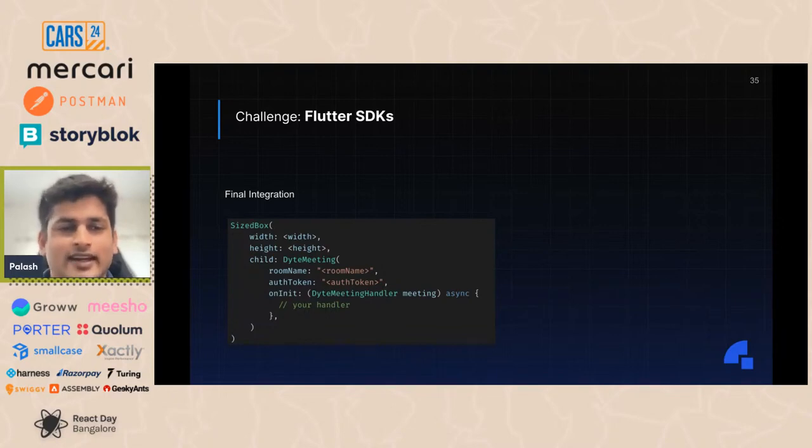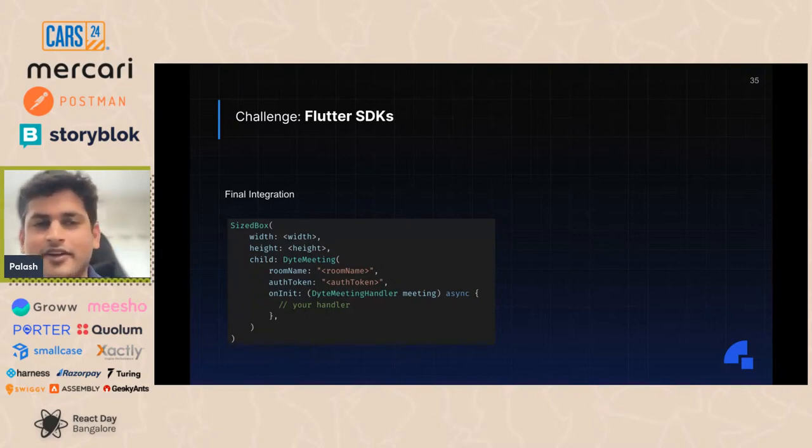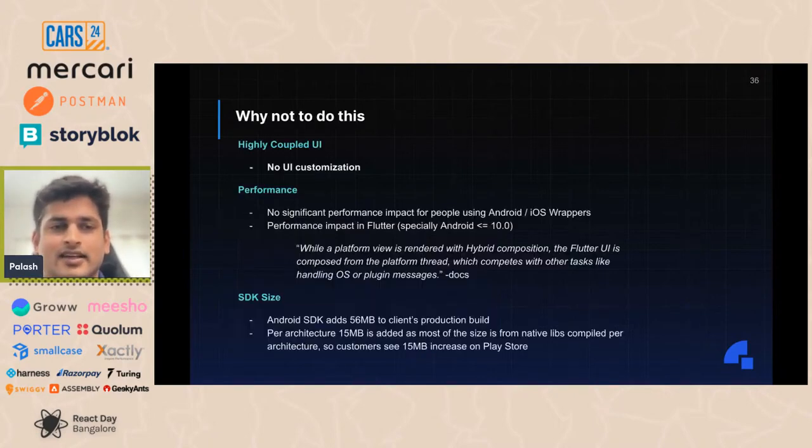Again, I would like to reiterate the constraints I mentioned in the beginning of the talk as to why we did this. We had an engineering team of 7 people and could not manage to build 4 different SDKs. So here is how we developed 4 different SDKs using just one common code base.